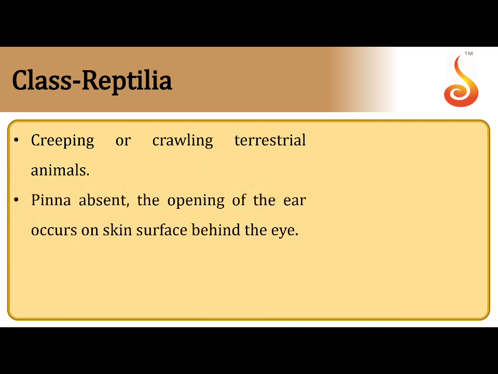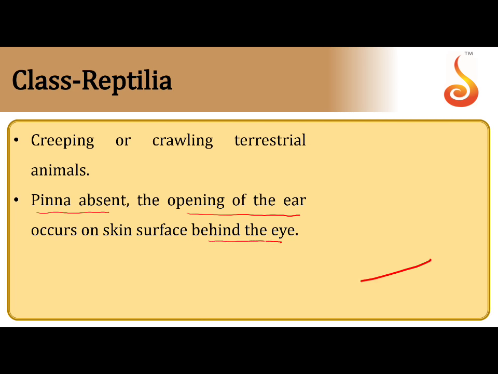These organisms were well developed but had certain parts yet developing to the fullest. For example, they did not have ear pinna, which is the external ear. They just have an opening of the ear which occurs behind the eyes.